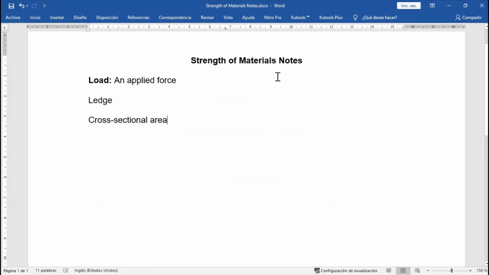Now, this is not the most technical way of saying it, but we can say that tension is a pushing force, and compression is a pulling force. For example, let's suppose that you have a rubber band.